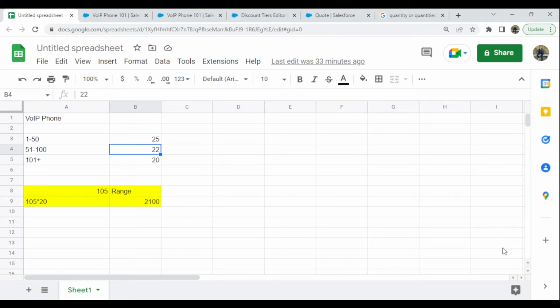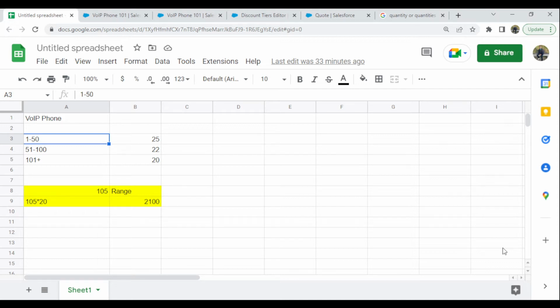So here, if we try to imagine, if a customer is going for 51 to 100 quantities, we are giving $3 of discount than what we are charging for 1 to 50 quantities. And if a customer is going for 101 plus quantities, we are giving $5 of discount than what we are charging for 1 to 50 quantities. So this can be achieved in Salesforce CPQ using discount schedules.